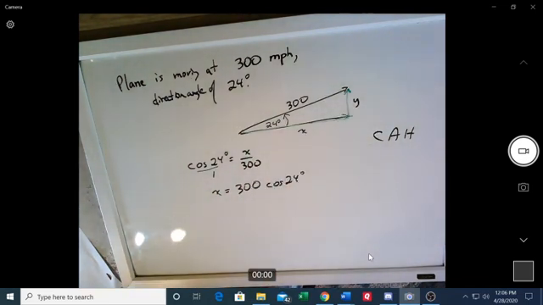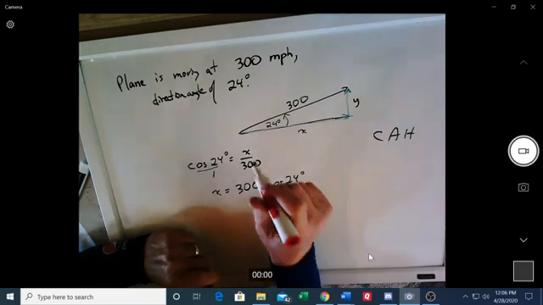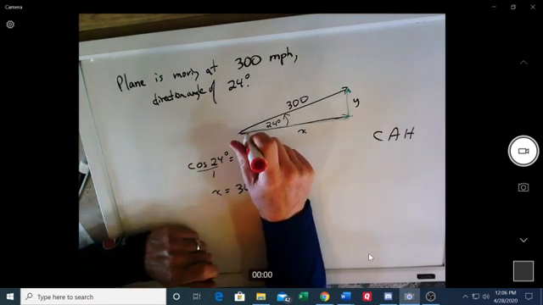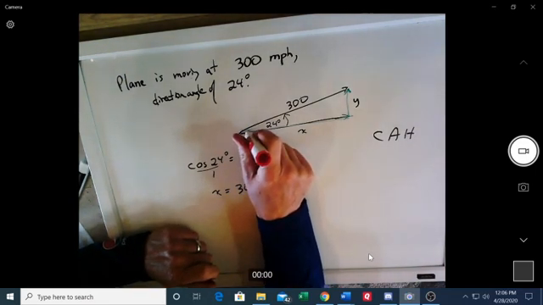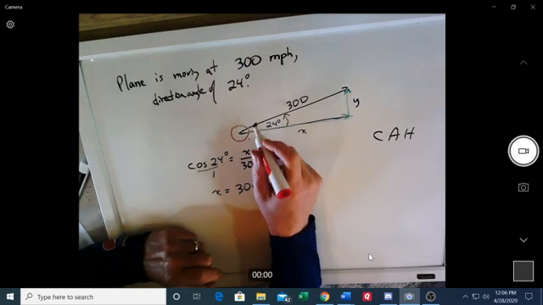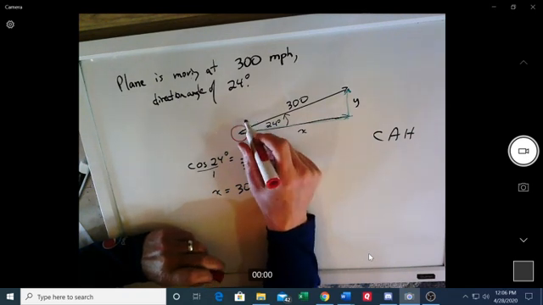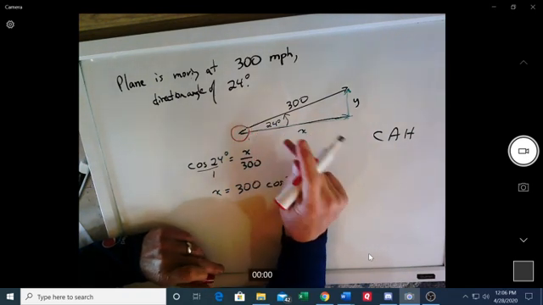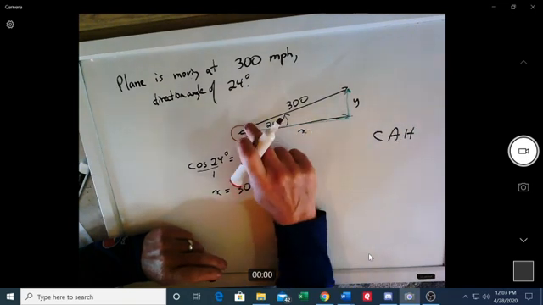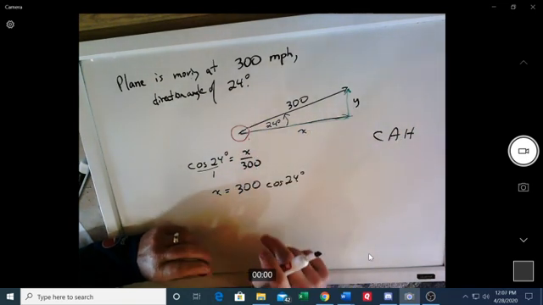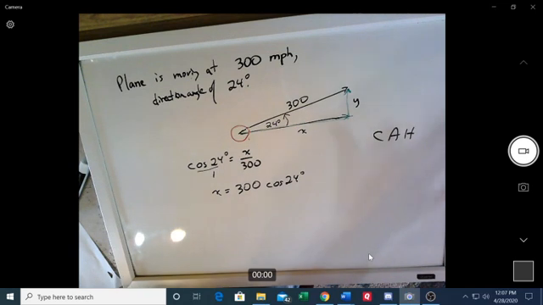But it's faster, more efficient, if you think of it this way. Imagine a tiny unit circle of length 1 coming around here. Then, what would the two coordinates of this point be? It would be the cosine of 24 degrees, comma, the sine of 24 degrees. And then everything has just been magnified out 300 times.